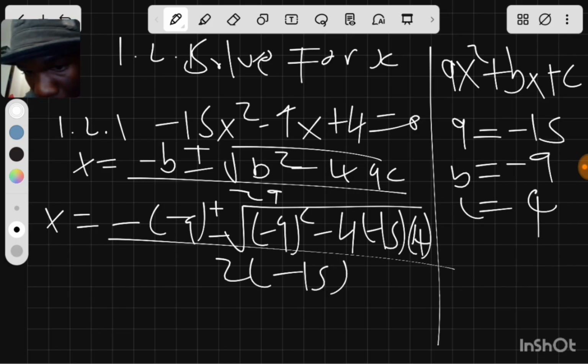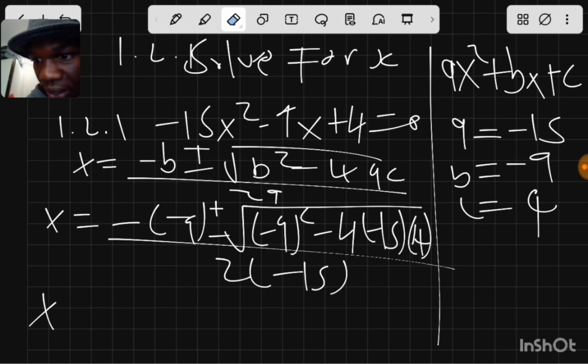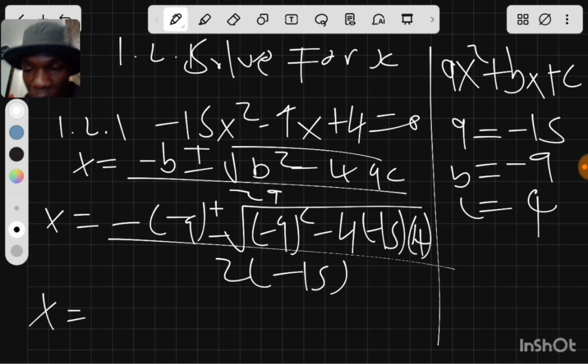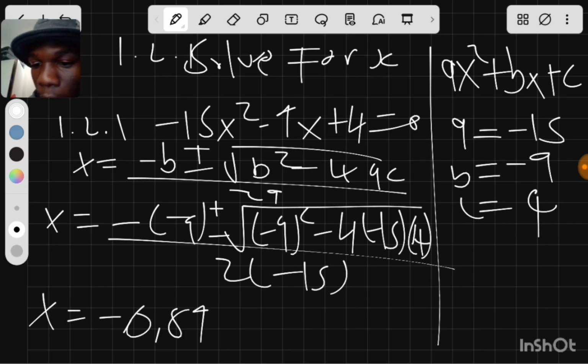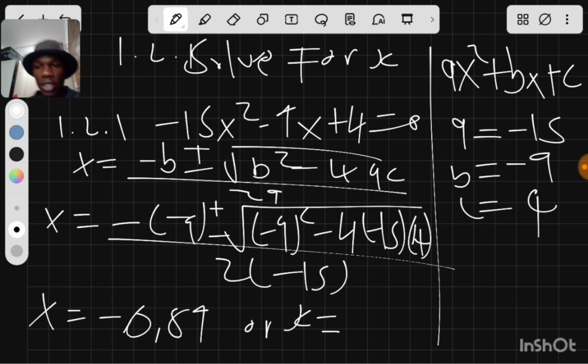So we are going to have two values of x. Our x is going to be negative 0.89, or x is equal to, let's punch the calculator, minus 9 plus or minus the square root of minus 9 squared minus 4 times minus 15 times 4, over 2 times minus 15.